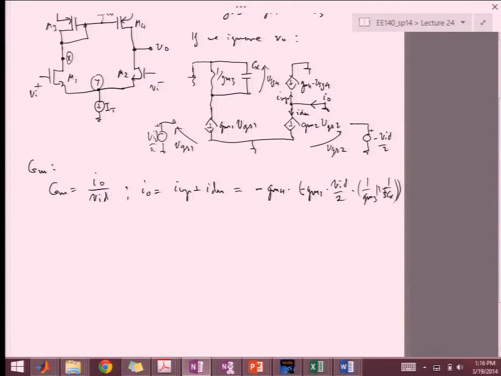And then all this essentially is I up. And then plus for I down, it's just GM2 times minus VID over 2. I think I have one minus extra. This minus is not there.